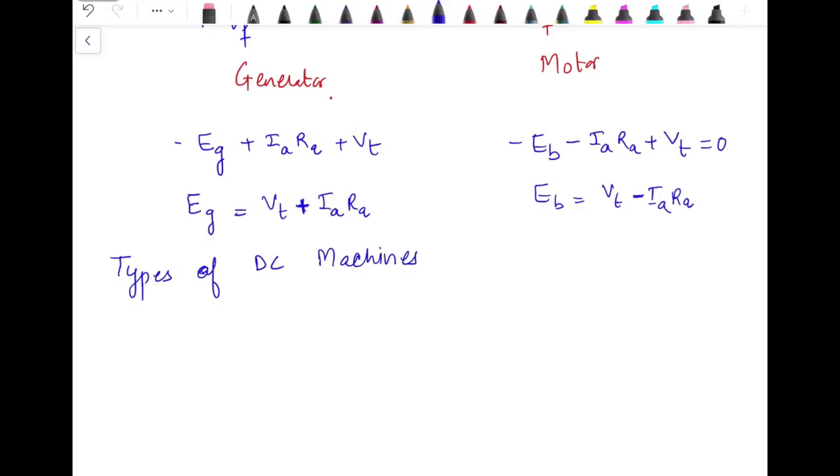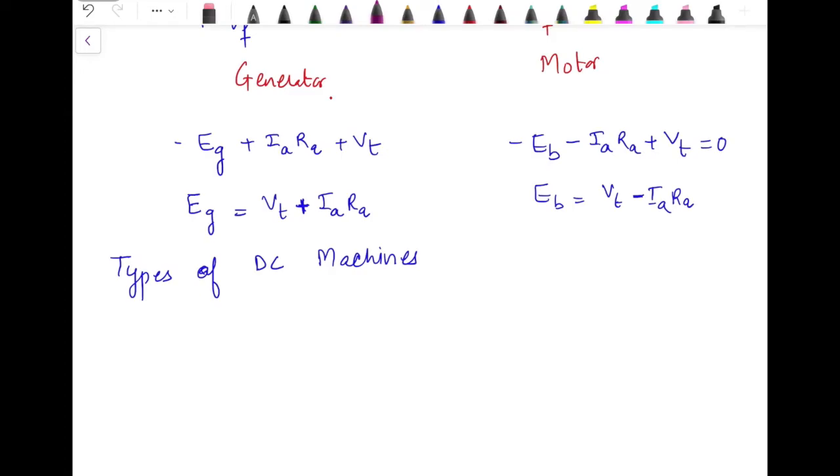Now the types of DC machines are actually based on how we are giving the supply to the field winding. The production of magnetic flux in the machine by circulating current through the field winding is known as excitation.